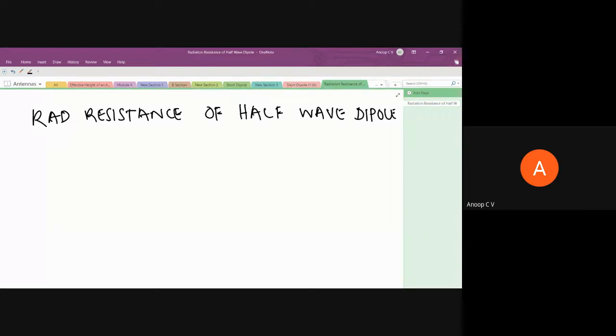But in fact, a half wave dipole's radiation resistance will have some inductive element. So instead of 73 ohm, if you consider a thin linear antenna whose length is half the operating wavelength, its radiation resistance will be 73 plus j 42.5 ohm. Maybe you might have seen the 73 plus j 42.5.